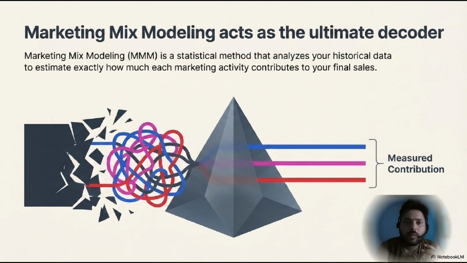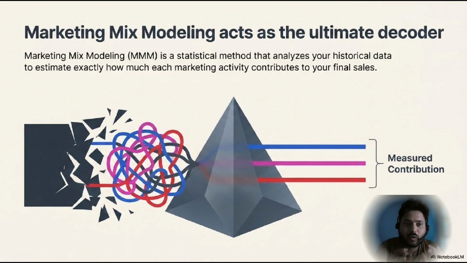Marketing mix modeling, or MMM, is a statistical method that uses historical data to estimate how different marketing activities contribute to business outcomes such as sales, revenue, leads, and conversions. You can think of MMM as a decoder. On the one side, we have a complicated mixture of advertising channels and business conditions.